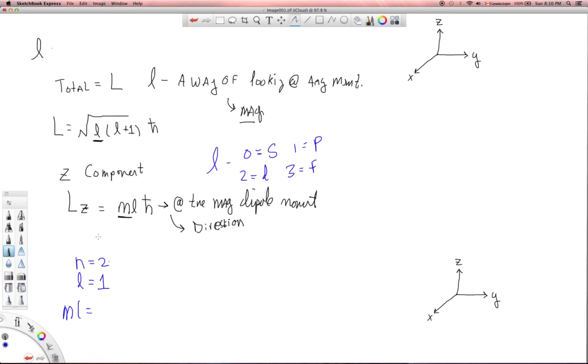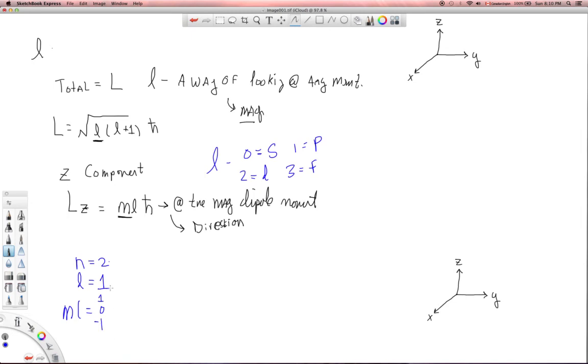Remember the rules: we can go from negative l to positive l. So I could have 1, 0, and negative 1.